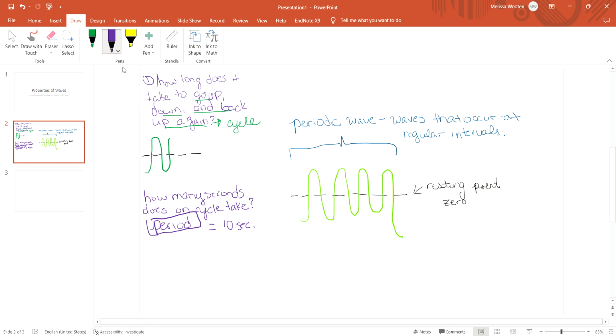And so now we can ask a sort of inverse or opposite to that question. We can ask, how many cycles are in 1 second?